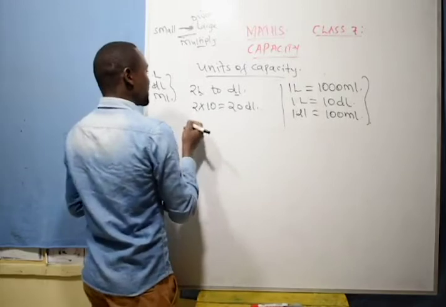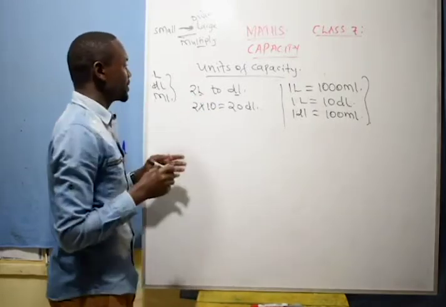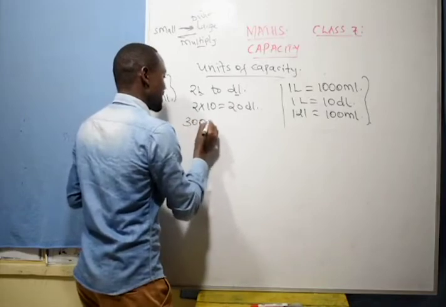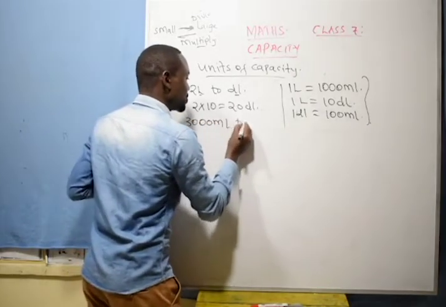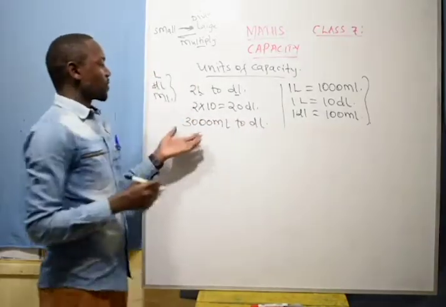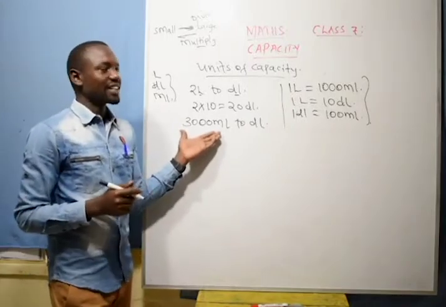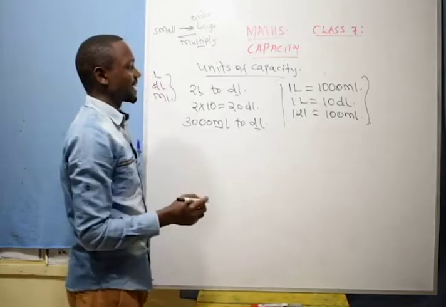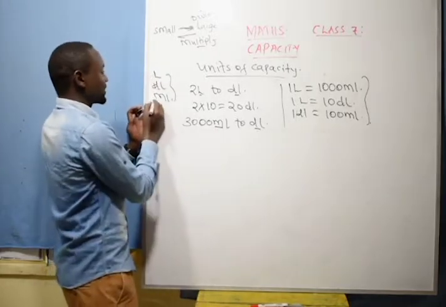To convert from a small unit to a large unit, for example, convert 300 milliliters to deciliters. We are converting from milliliters to deciliters.